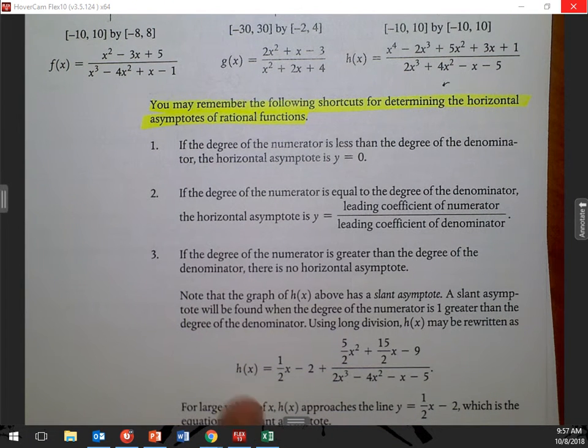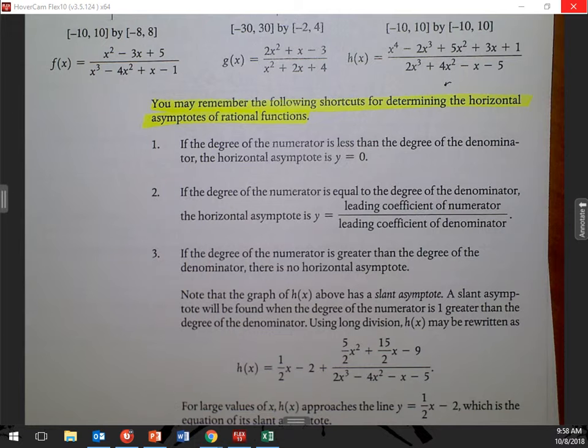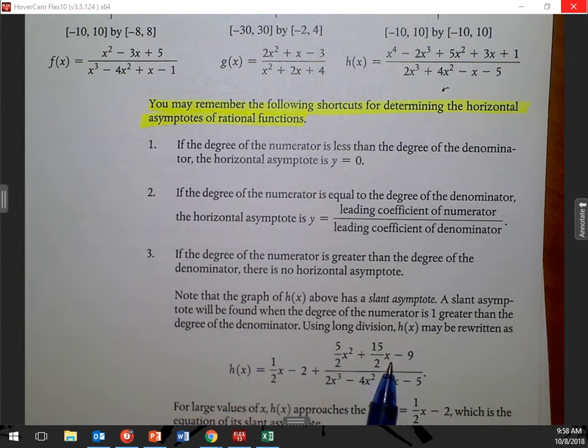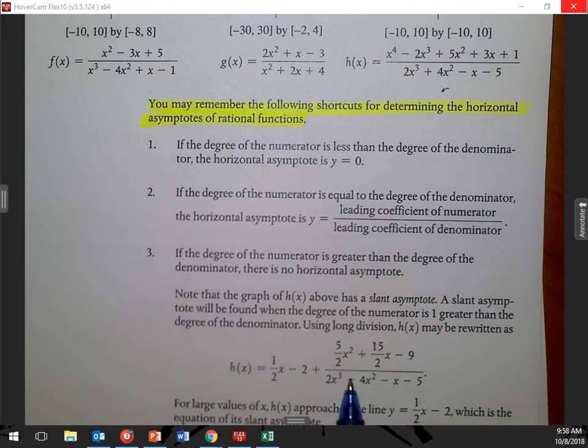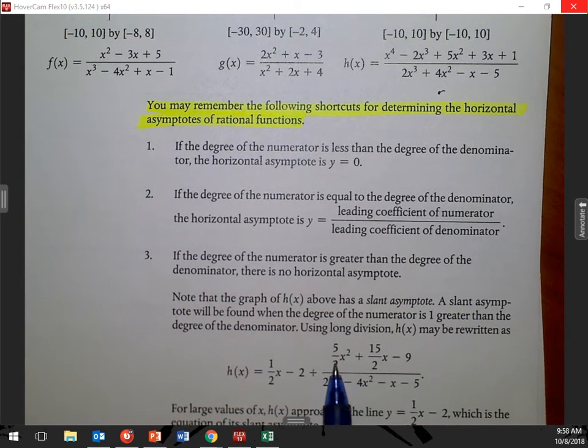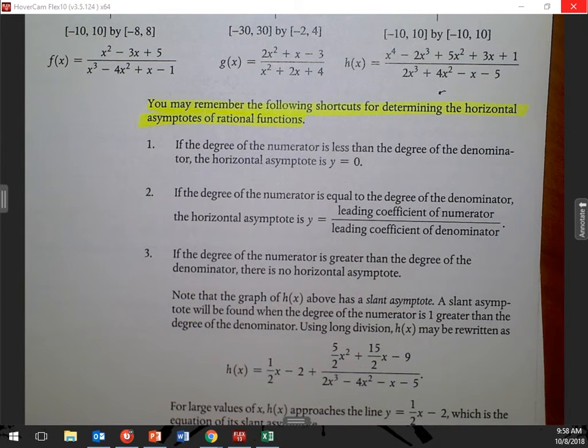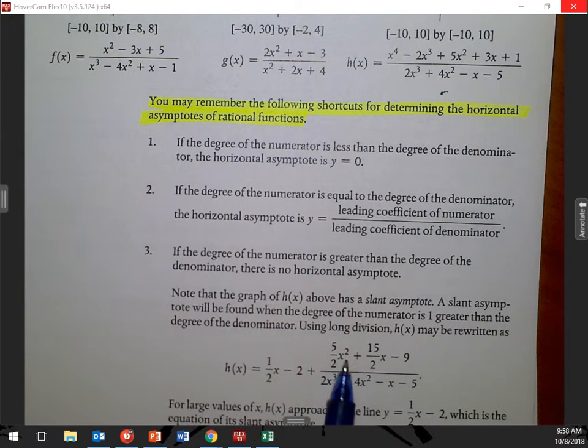Does it have a different answer? They do? Yeah. I think it's right. They didn't actually show the work on this, so that's why I'm right.